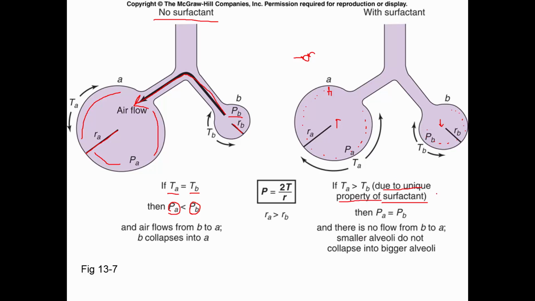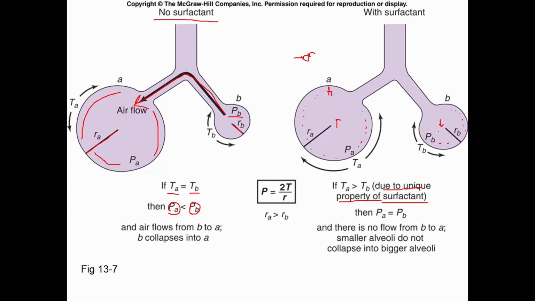So we don't really know how surfactant works. We know surfactant disrupts hydrogen bonding between water molecules. It helps the water spread out in a film so it doesn't bead up and cause the alveoli to collapse. But why it has this area-dependent behavior, people are still working on that. What we do know is that when surfactant is present, there are differences in surface tension that are related to area, or related to the radius of the alveoli.